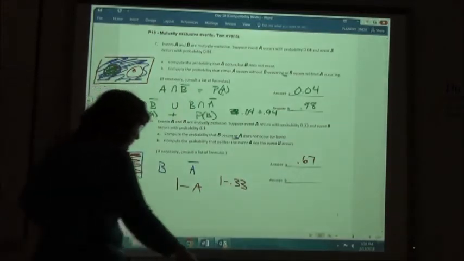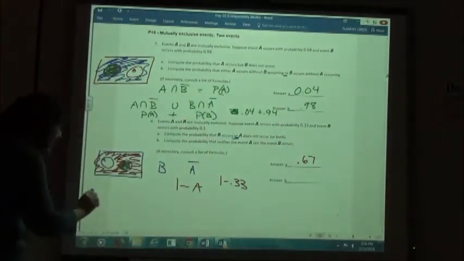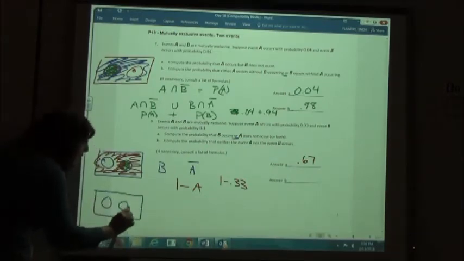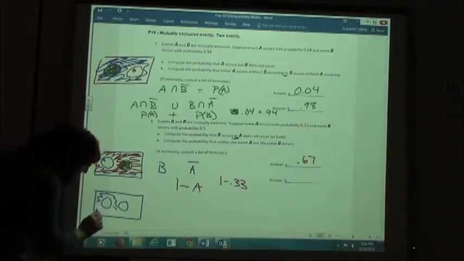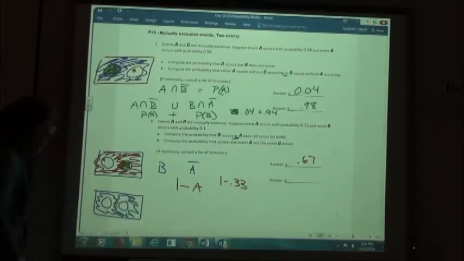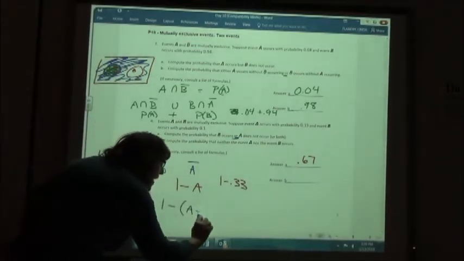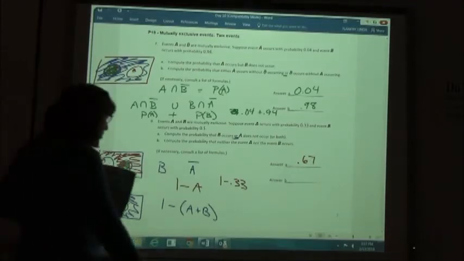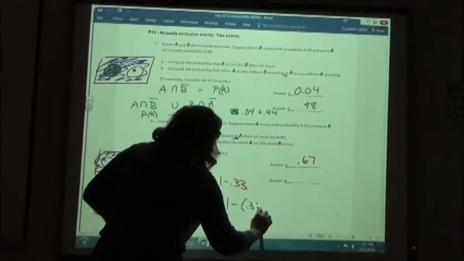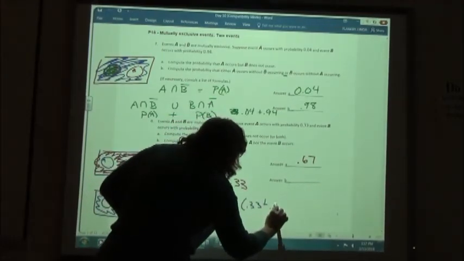On the next one, we want to compute the probability that neither A nor B occurs. Well, if neither A nor B occurs, I want everything on the outside of the A and the B, right? So in this case, I can take 1 minus the A plus the B. So 1 minus the 0.33 plus 0.1.